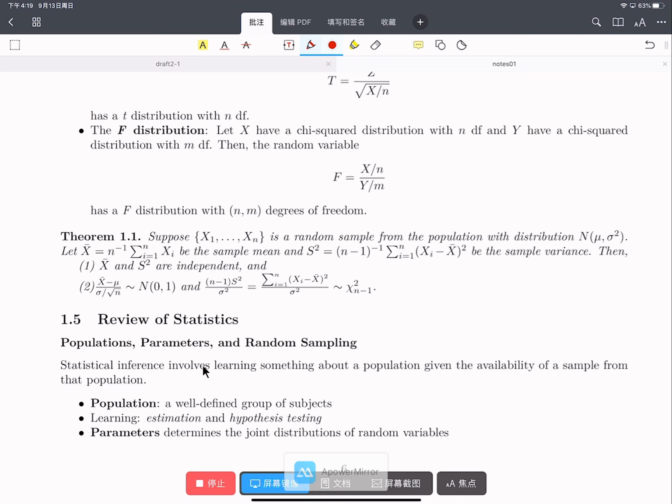We don't know the parameter of a random variable or of some population. So what we do is infer the parameters from the sample, from our observations.